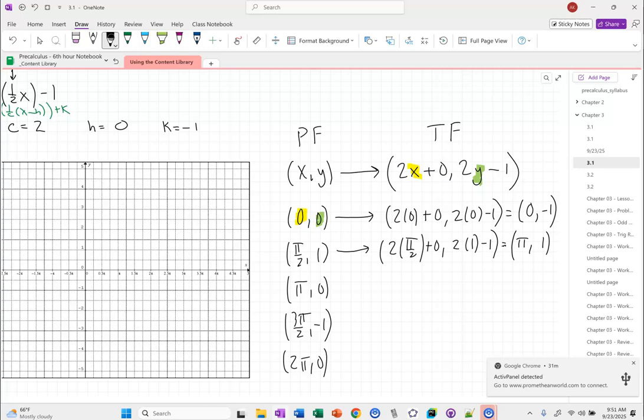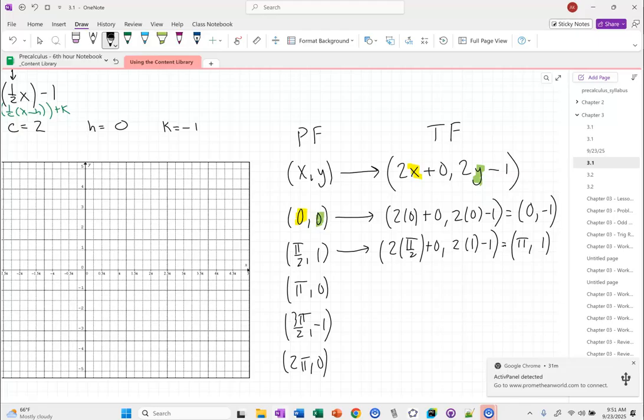So I'm just doing some arithmetic here in my head, right? 2 times pi over 2 is pi, and then plus 0 is still pi. 2 times 1 is 2, and then minus 1 is 1, right? Is everybody okay?